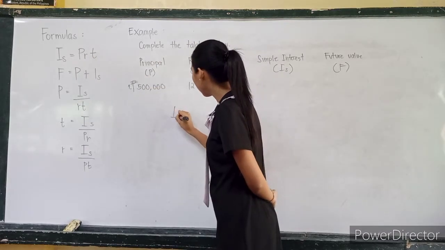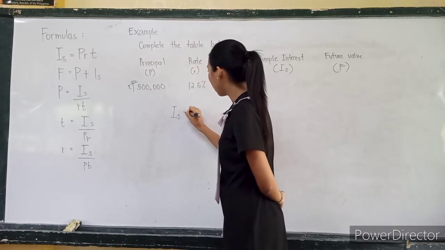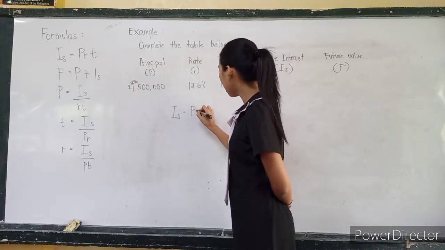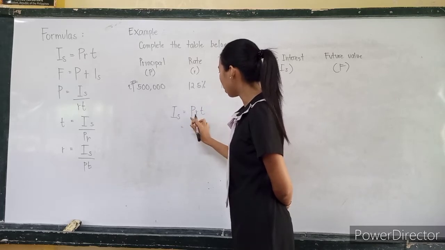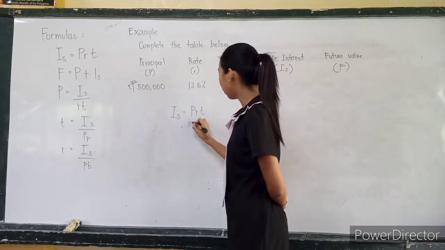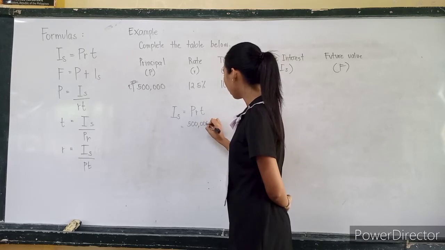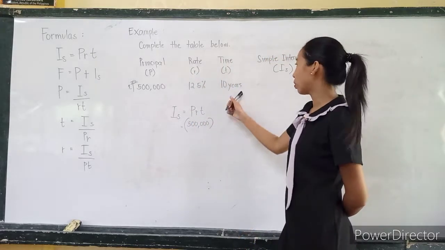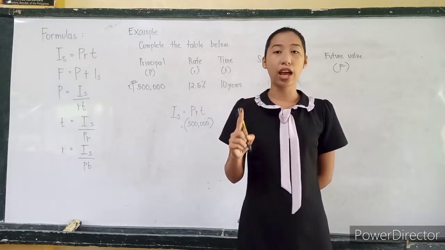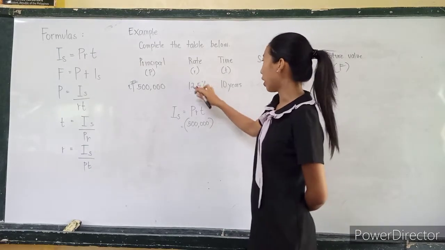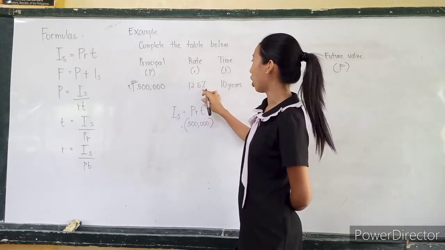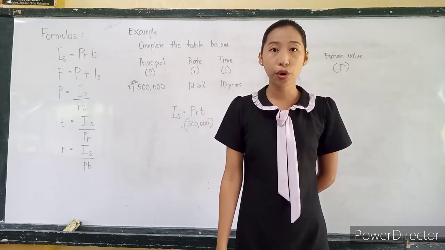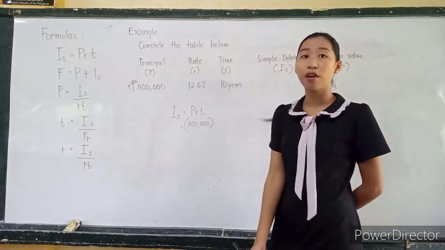So IS, or simple interest, is equal to P times R times T, and we substitute. So you have P, R, and T. We substitute P, that is 500,000, and multiply it by your rate and your time. Now take note: your rate is in percent form, so we need to divide it by 100 before we put it in the formula.